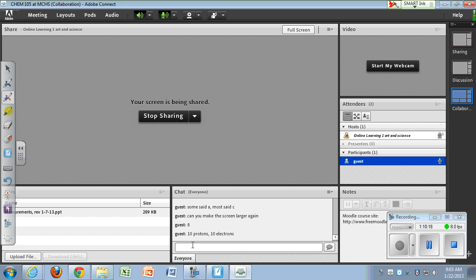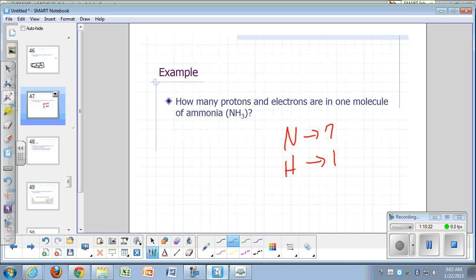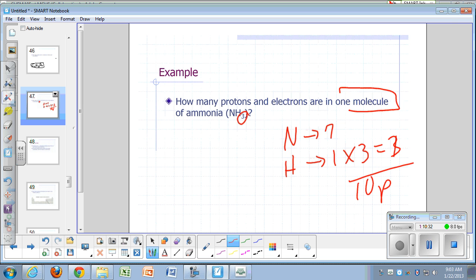Ten protons, 10 electrons. Very good. Each nitrogen has 7, each hydrogen has 1, so it's 1 times 3, that gives you 3, so 10 protons all in all. Since a molecule is neutral, you should also have 10 electrons.